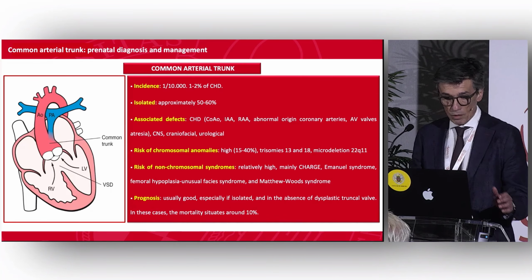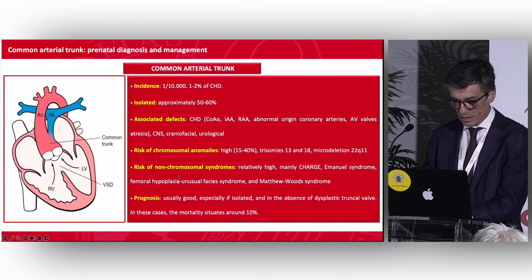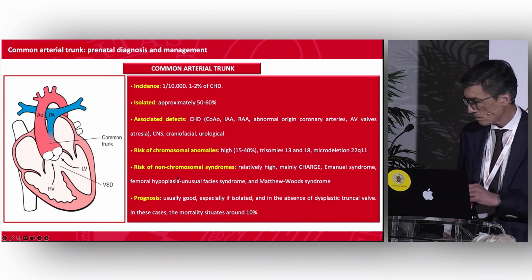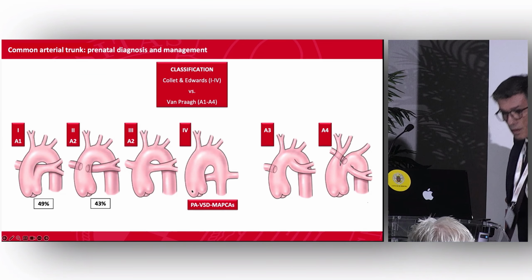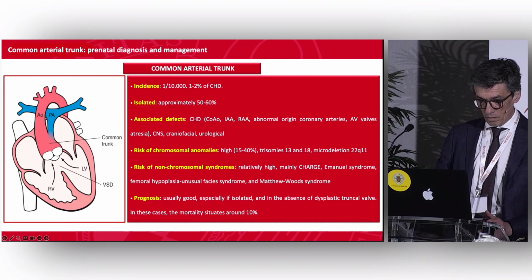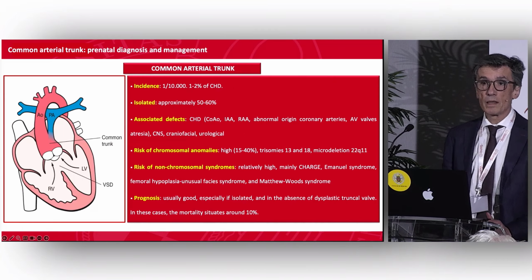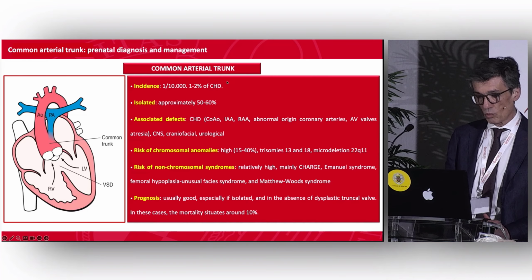From the epidemiology point of view, as I said before, this is not a very common condition. The incidence is at least 1 in 10,000 newborns. It represents about 1–2% of all congenital heart defects.